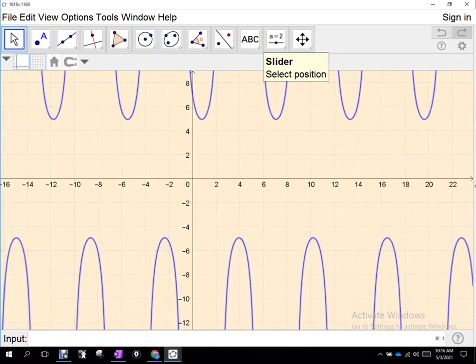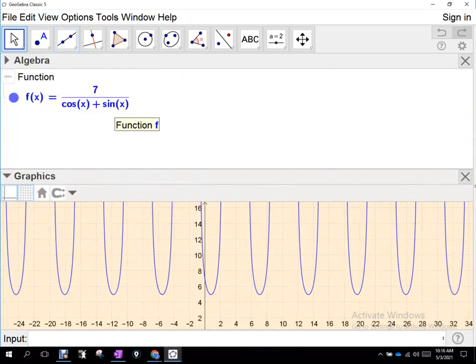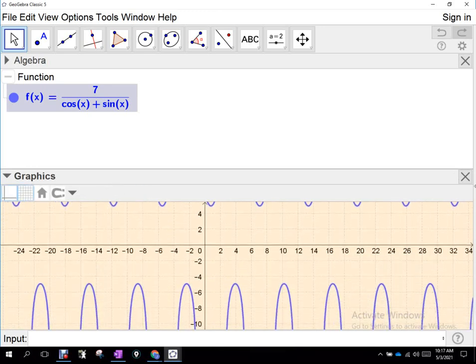All right, so what I've typed in here is that right there. That was what we just came up with on the right-hand side of our polar form, correct? And you can see that curve.